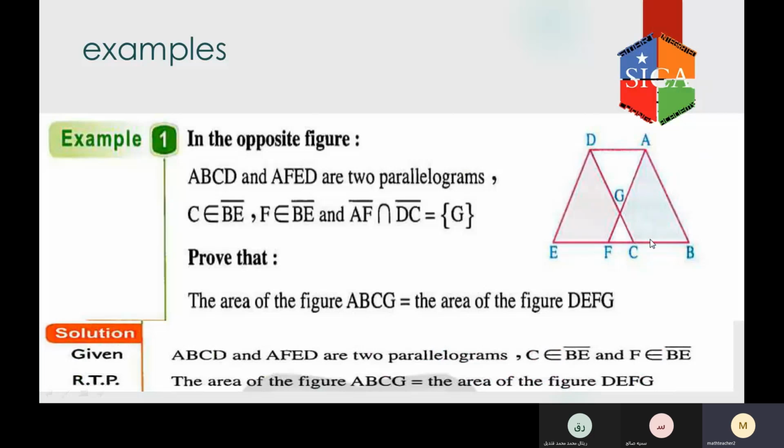C belongs to BE. Then BE is a line segment here. And F belongs to BE. F belongs to BE. What's required to prove? The required to prove, RTP, required to prove: the area of the figure ABCG equals the area of the figure DEFG.